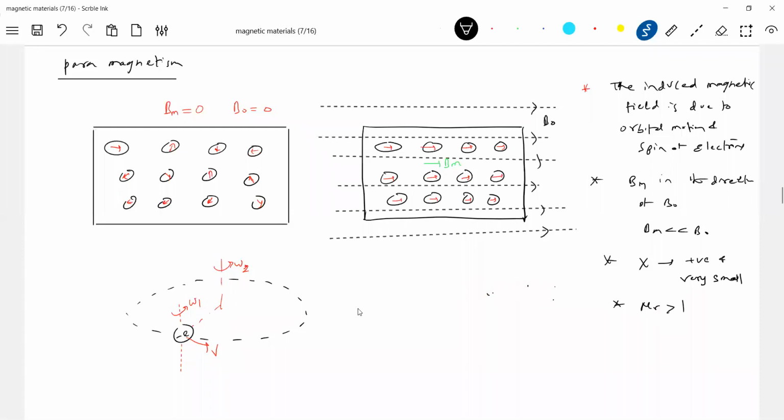And they are attracted by magnetic fields, attracted by bar magnets. So that's the overall picture.